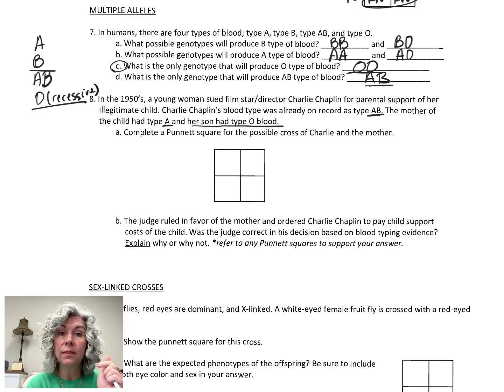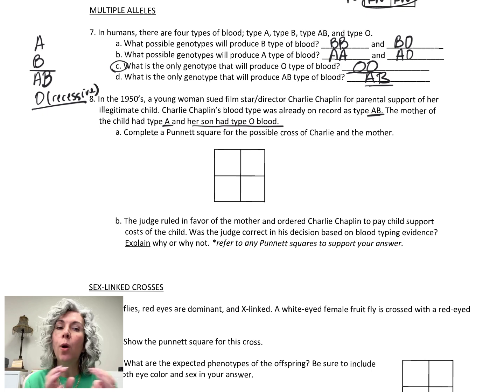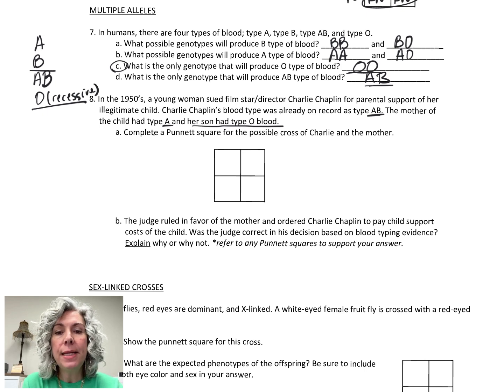But let's look at this and get a visual of the Punnett square. Because if you weren't able to see that right off the bat, work it out and find out. So, let's see. Create a Punnett square for the possible cross of Charlie and the mother.